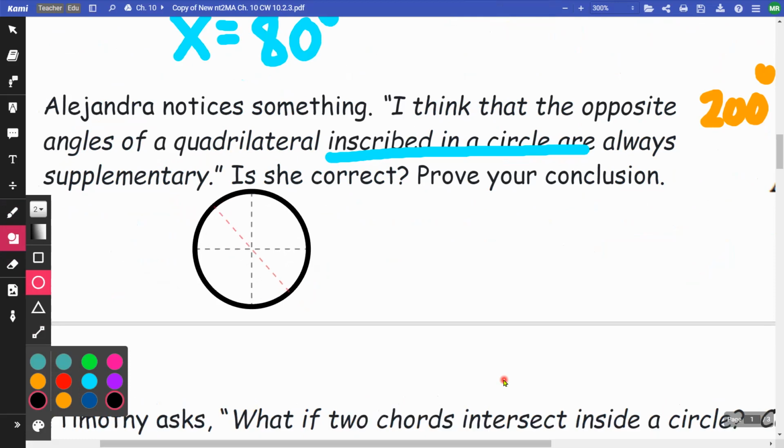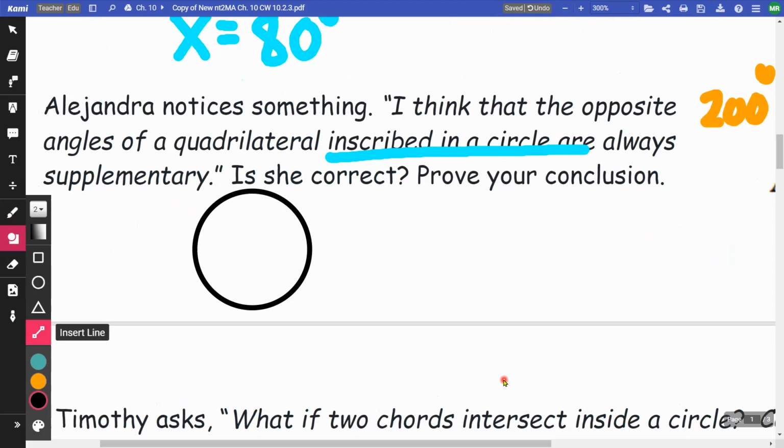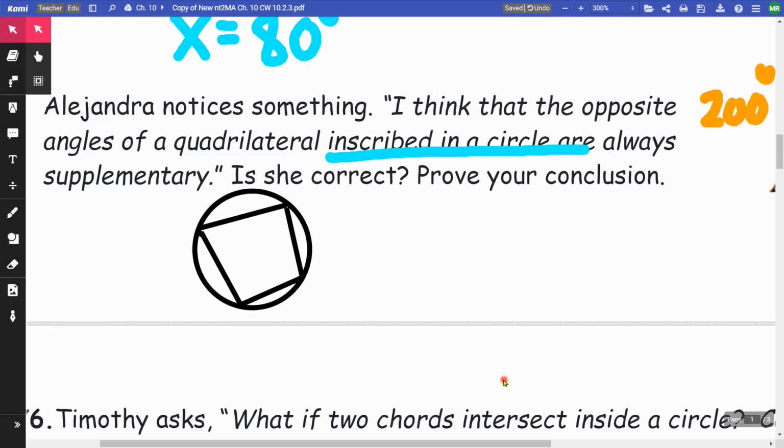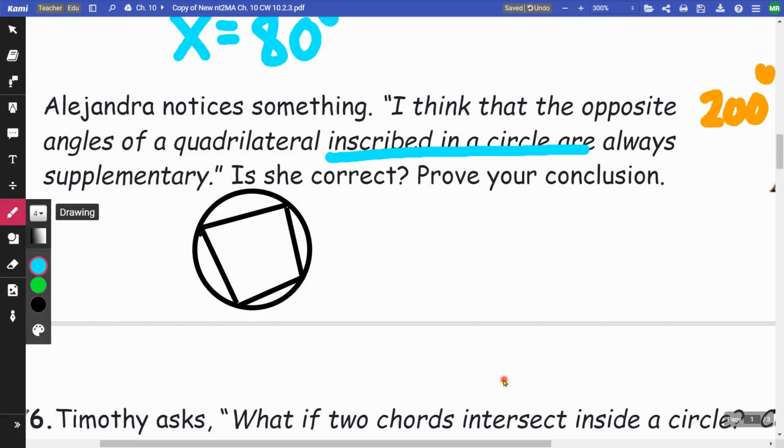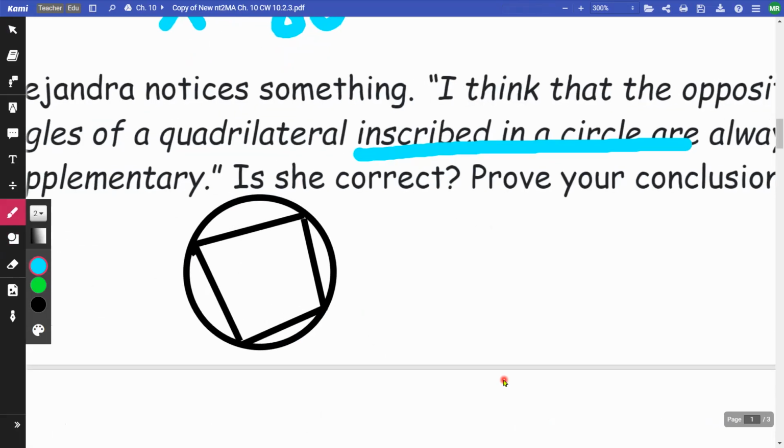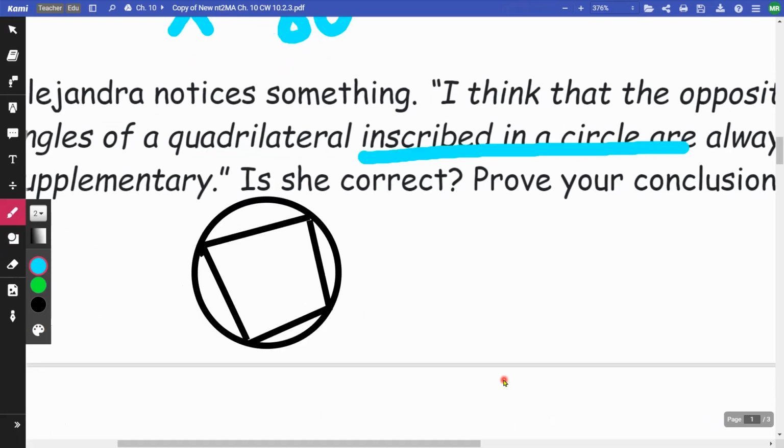If we take a circle and we have a quadrilateral in here, and we are trying to figure out the relationship here between opposite angles. What I'm going to do is I'm going to call this one, let's say X. Okay, this angle here that I'm drawing in red is X.